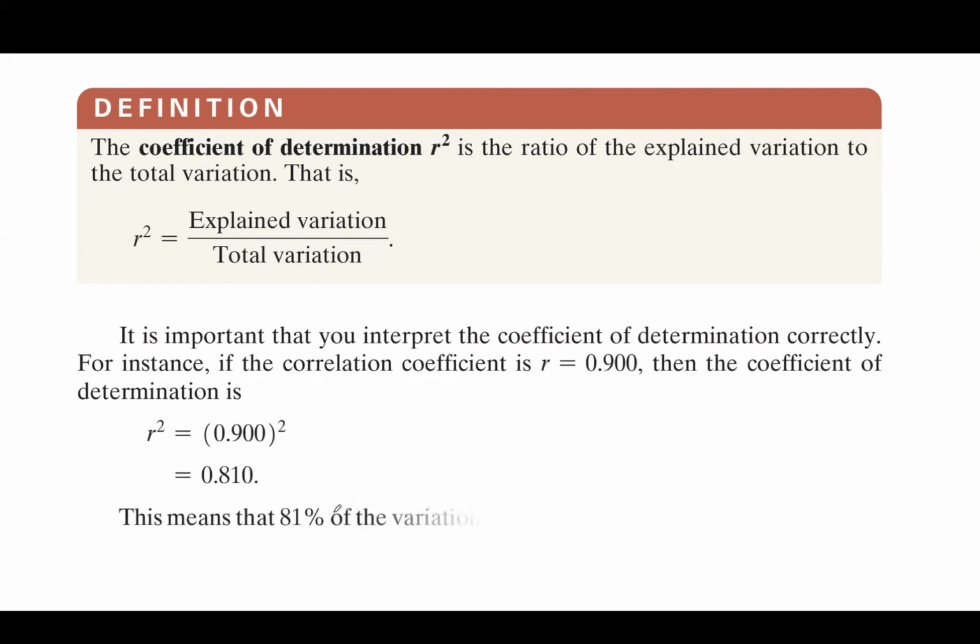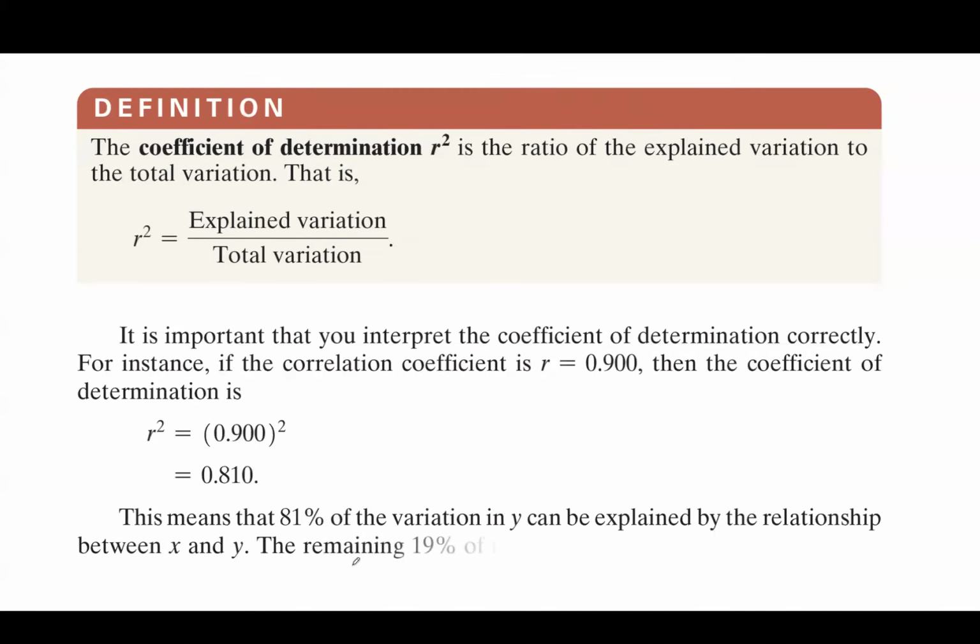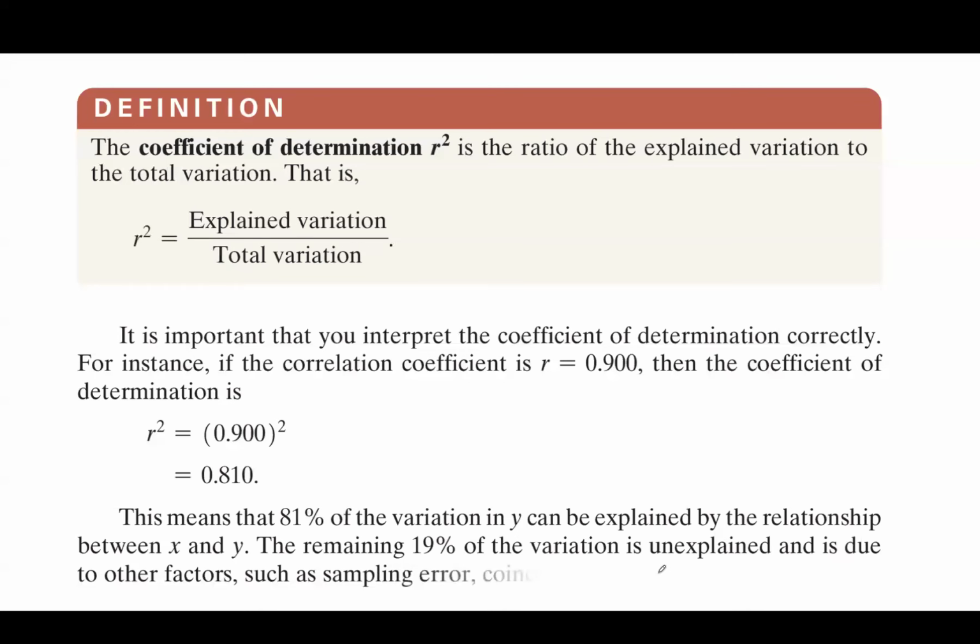It means that 81% of the variation in y can be explained by the relationship between x and y. The remaining 19% of the variation is unexplained, and it's due to other factors like lurking variables or sampling error.